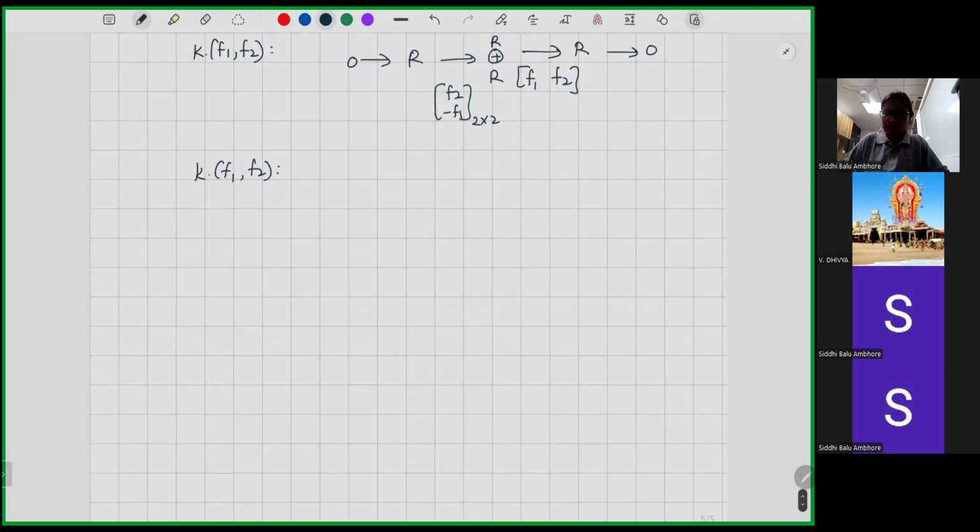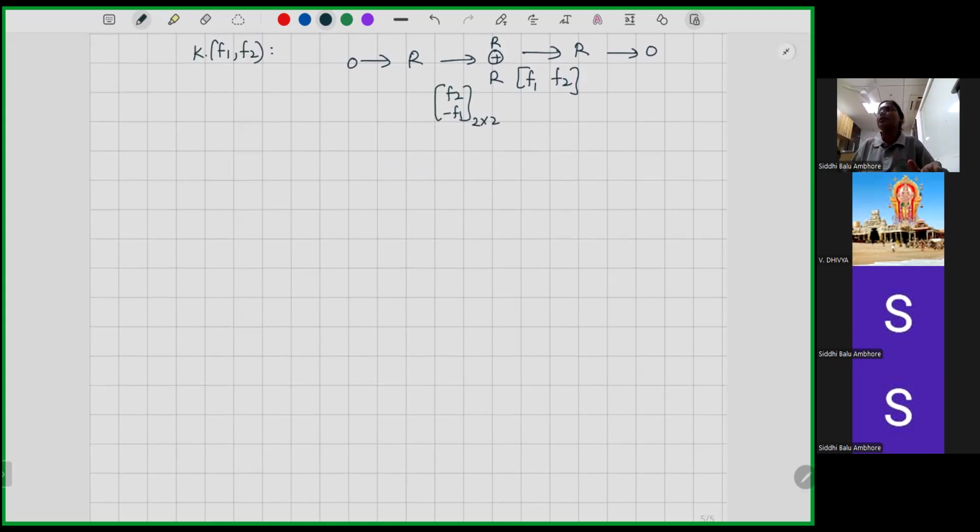But we have to check whether, in a Noetherian local ring, the Koszul complex for elements chosen from the maximal ideal gives the free resolution of those elements or not.